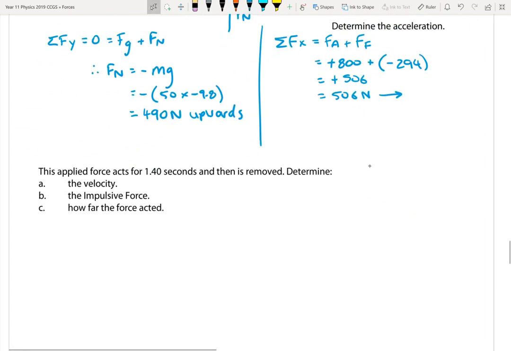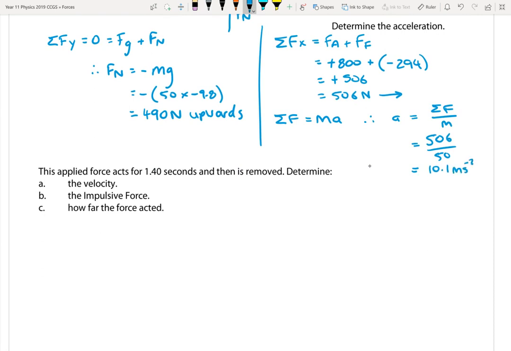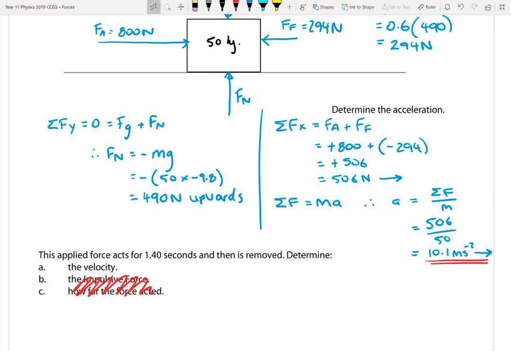And then we can bring in Newton's second law, that this unbalanced force will produce an acceleration. I'll just scribble out that for a second, because that's beyond what we've learnt so far.